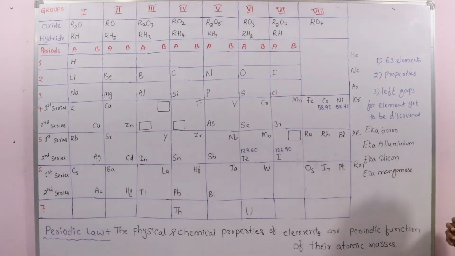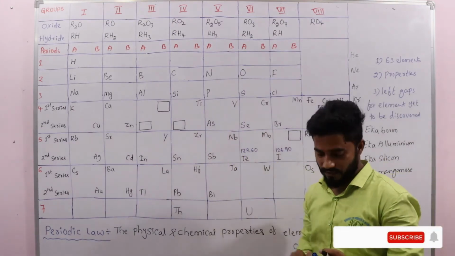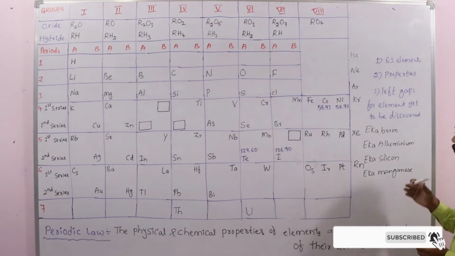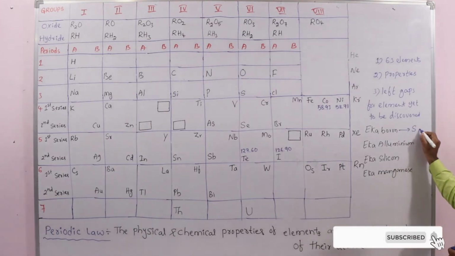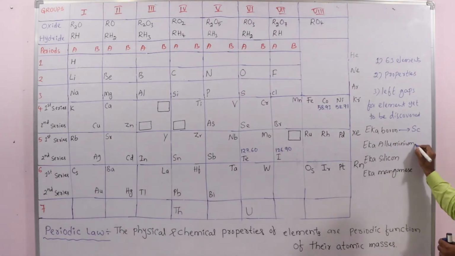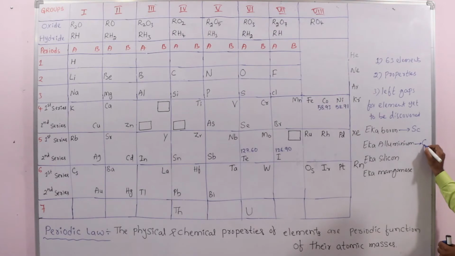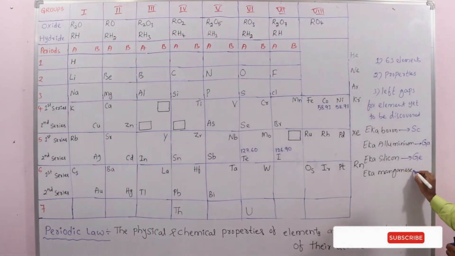For these unknown elements only he left gaps. Eka boron is scandium, which was found later. Eka aluminium is gallium, Eka silicon is germanium, and Eka manganese is technetium.